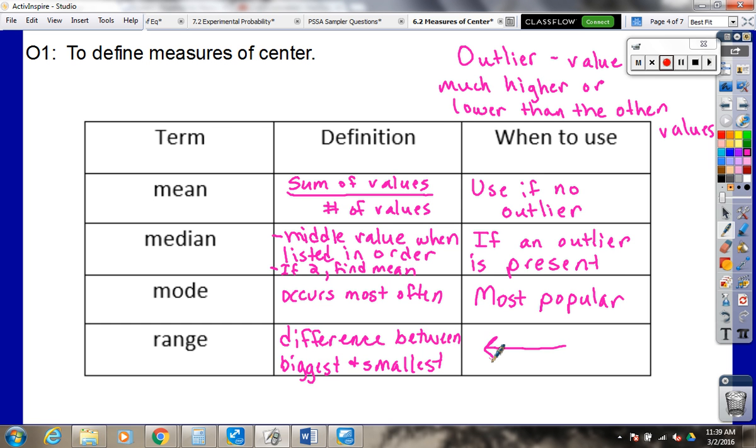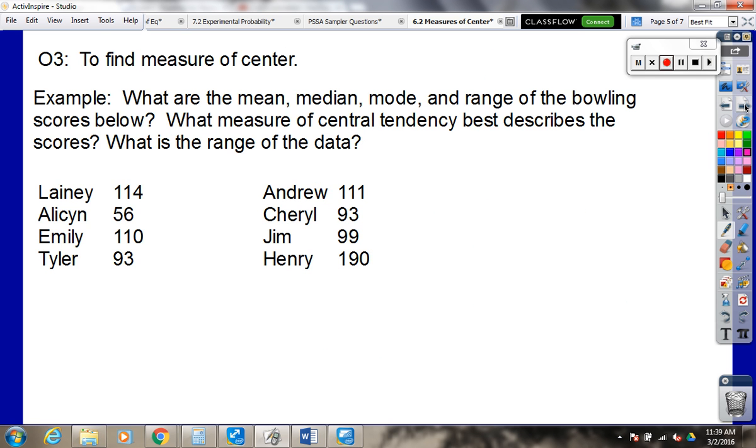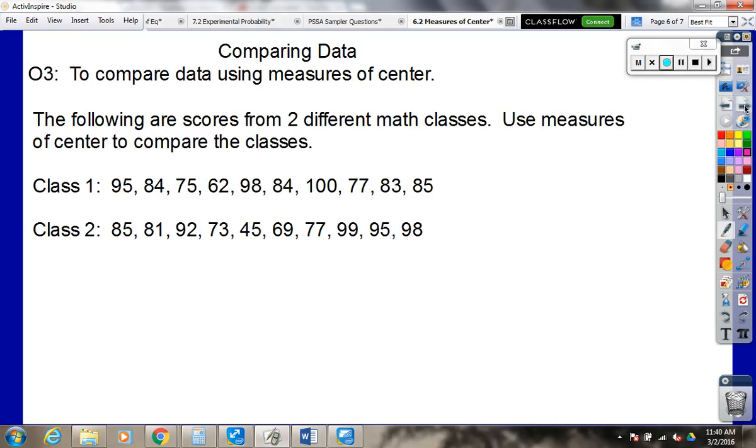Okay, we're going to skip objective. This should actually say objective 2, not objective 3. We're going to skip this because you guys already did a worksheet on mean, median, mode, and range. And we're going to go ahead to this comparison question.